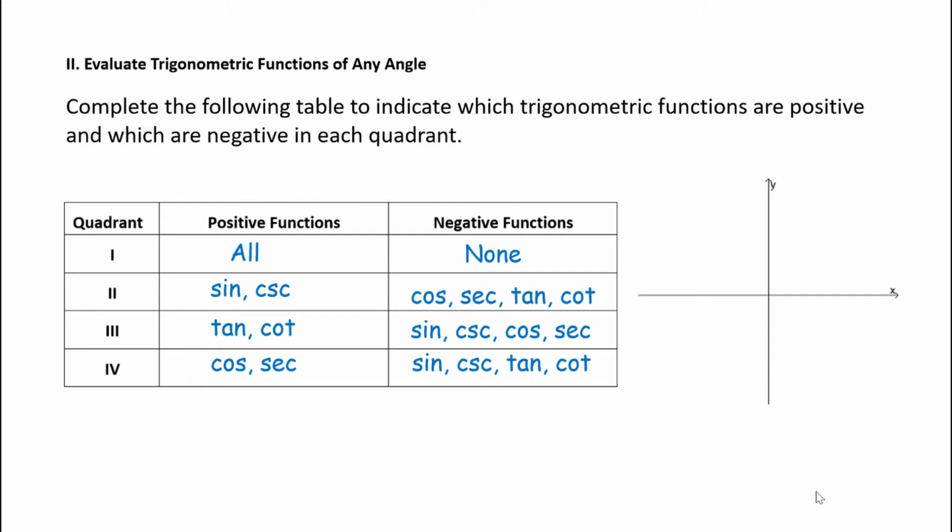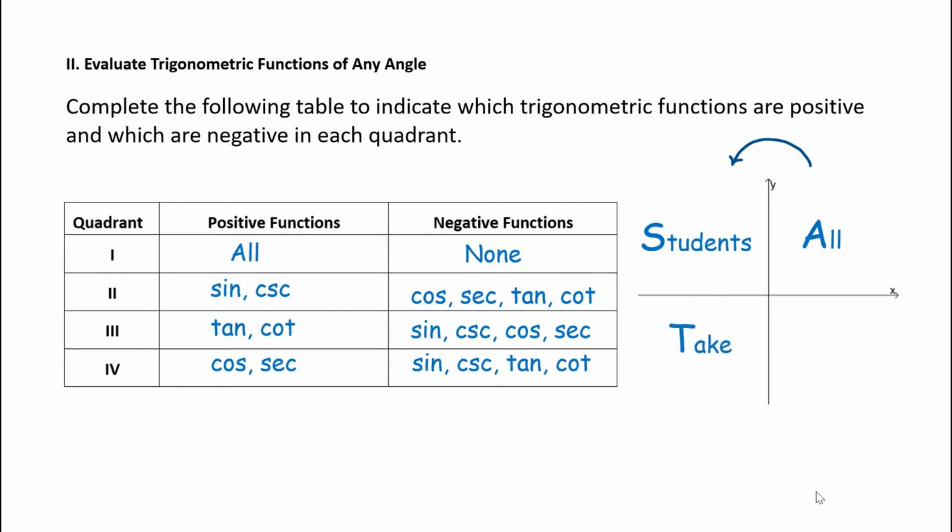A helpful mnemonic device is to consider the axis in the counterclockwise direction, and starting in quadrant 1, think of all, as in all functions are positive. In quadrant 2, think students, or S as in sine and its cosecant, are positive. Continuing in that direction, in quadrant 3, think the word take.